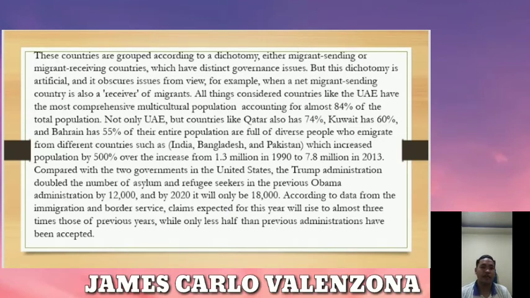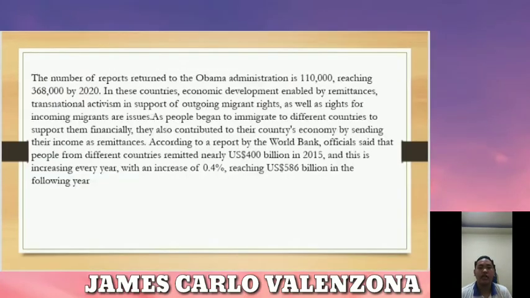According to data from the Immigration and Border Service, claims accepted for this year will rise to almost 3 times those of previous years, while fewer than under previous administrations have been accepted. The number of reports returned under the Obama administration is 110,000, reaching 668,000 by 2020.